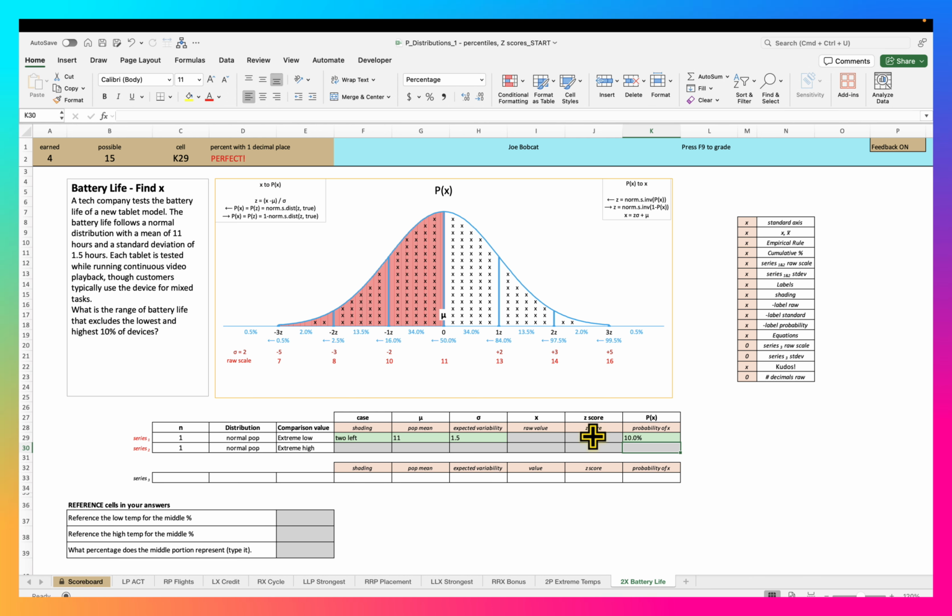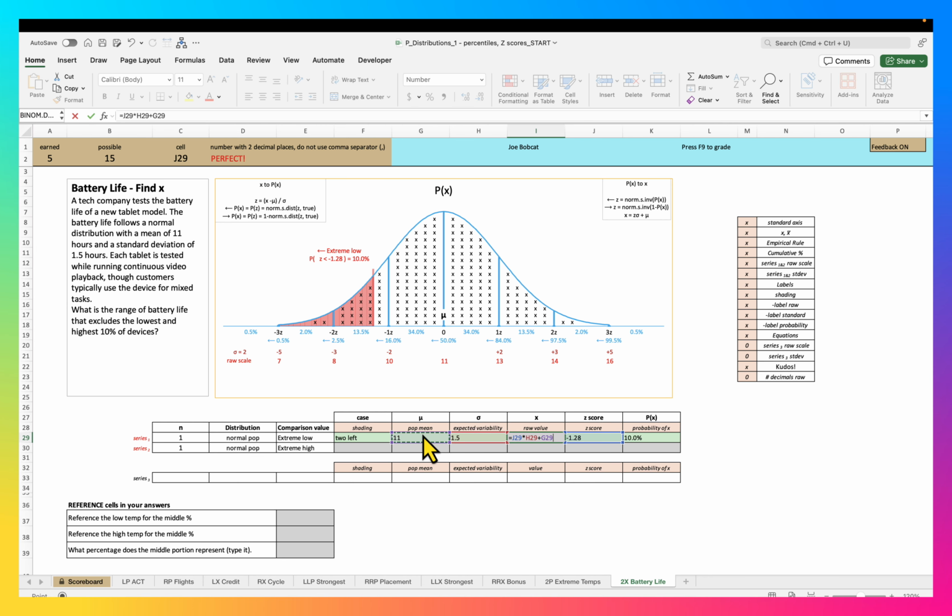So we have to work backwards to a z-score, which is norm.s.inv of the probability, negative 1.28, and then the raw value is z times standard deviation plus mu. So 9.1. So 9.1 hours in this case.